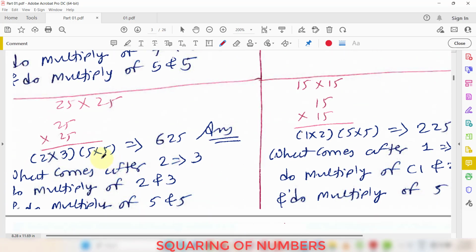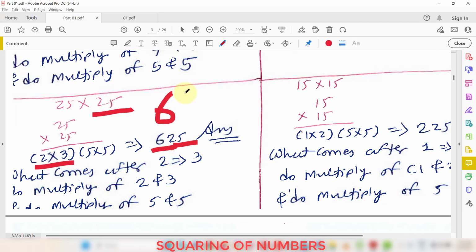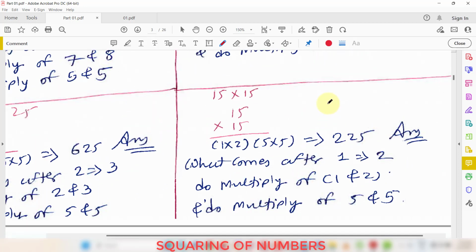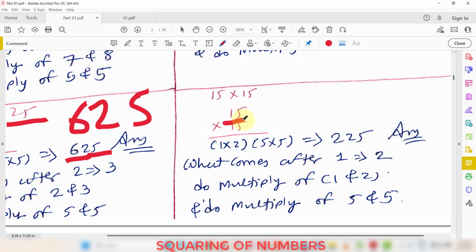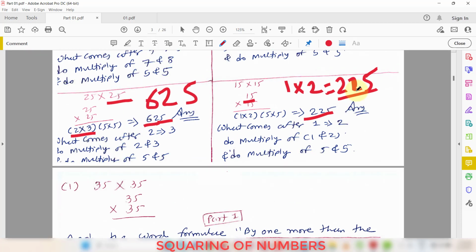What comes after the 2? After the 2 comes the 3. So 2 times 3 is 6, and 5 fives are 25. So my answer should be 625, right? Similarly, 15. What comes after the 1? That is 2. So 1 times 2 is 2, and 5 fives are 25, so I can write 2 and 25. So my answer should be 225.